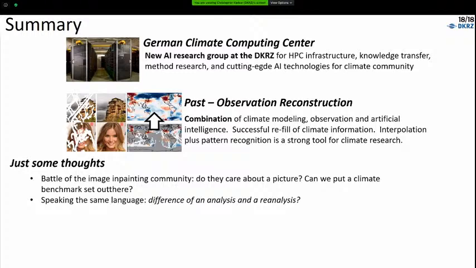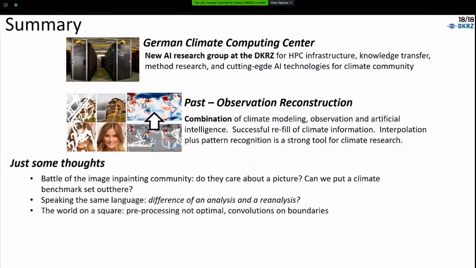And I discussed with the colleague who put out the code, which I then changed. He said, it's really cool what you do, but I don't get the climate stuff. For example, what is the difference between an analysis and a reanalysis? That's a pretty decent question, actually. And that reminded me, oh yeah, we need to speak the same language here.